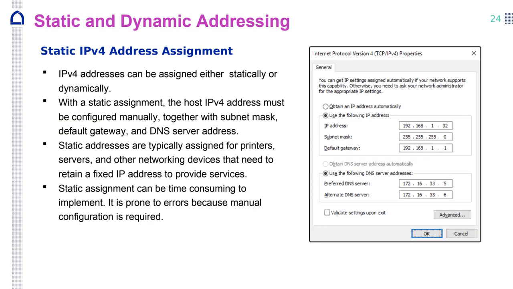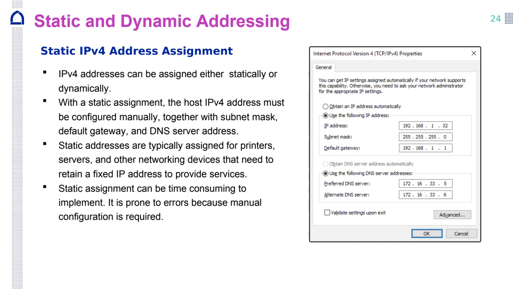How do we assign a static IP address? I have shown you last time. You need to go to the computer configuration, then go to desktop, IP configuration, and then you assign and put the IP addresses. You put the subnet mask and the default gateway. Also, you put the DNS if you are asked to do that. Okay?